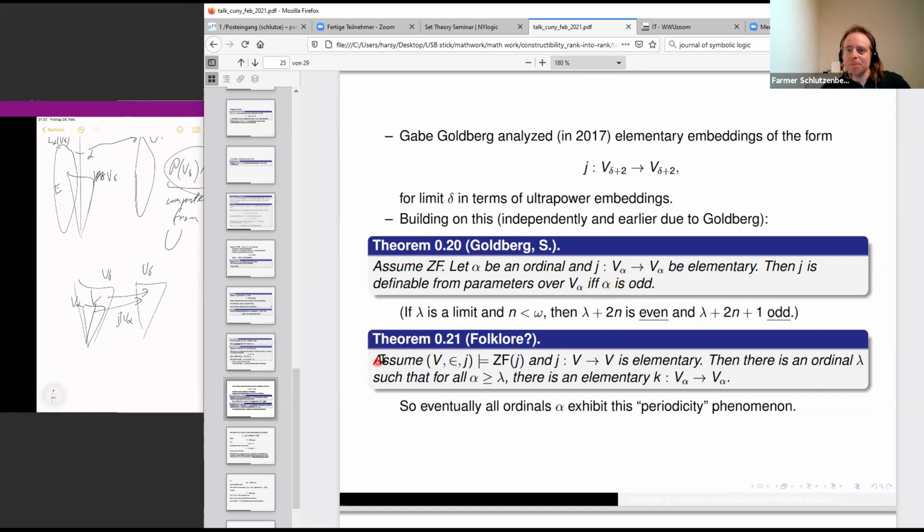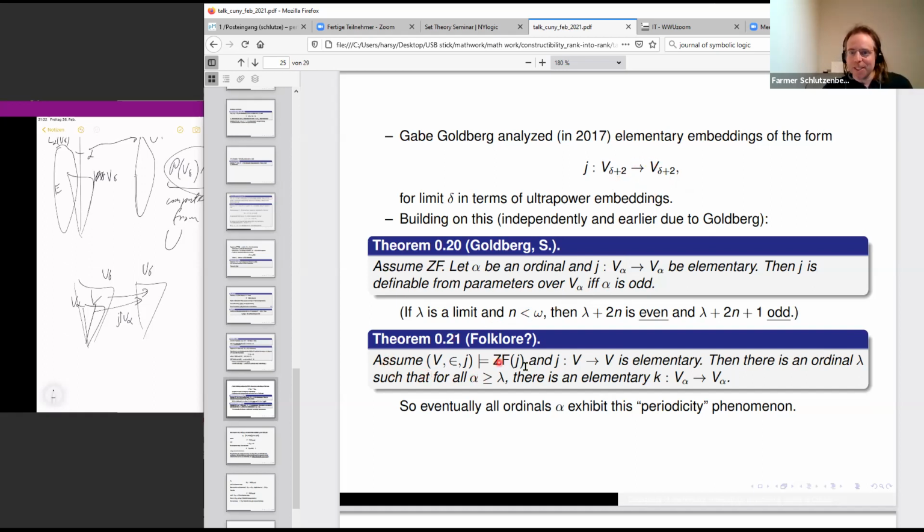But you might ask then, for which ordinals does that hold? Do we have elementary embeddings from V alpha to itself? Obviously it's a very strong large cardinal principle to have it even at delta plus 2.